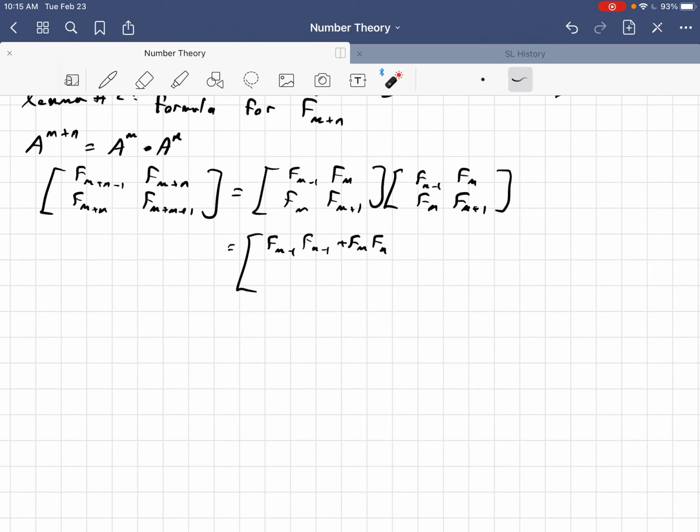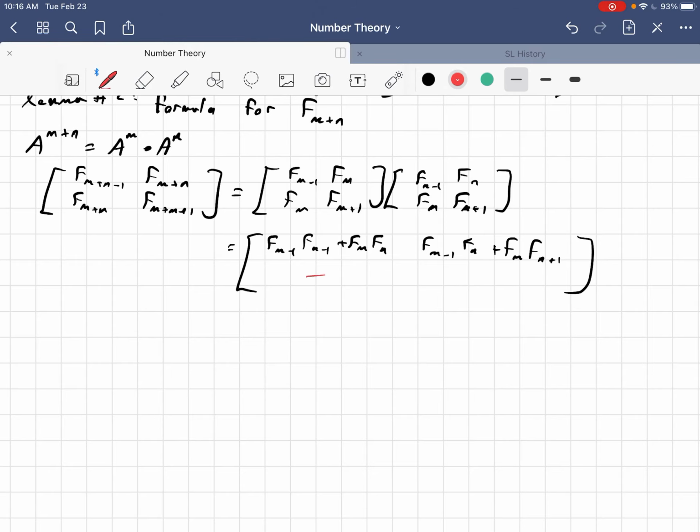And now when I do row 1 and I dot it with column 2, I get f sub m minus 1 times f sub n plus f sub m times f sub n plus 1, so plus f sub m, f sub n plus 1.